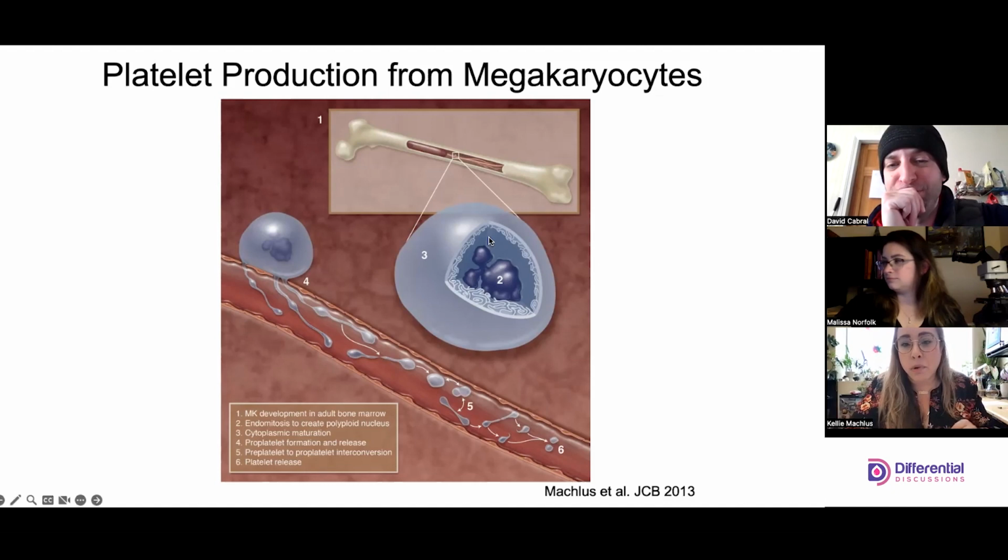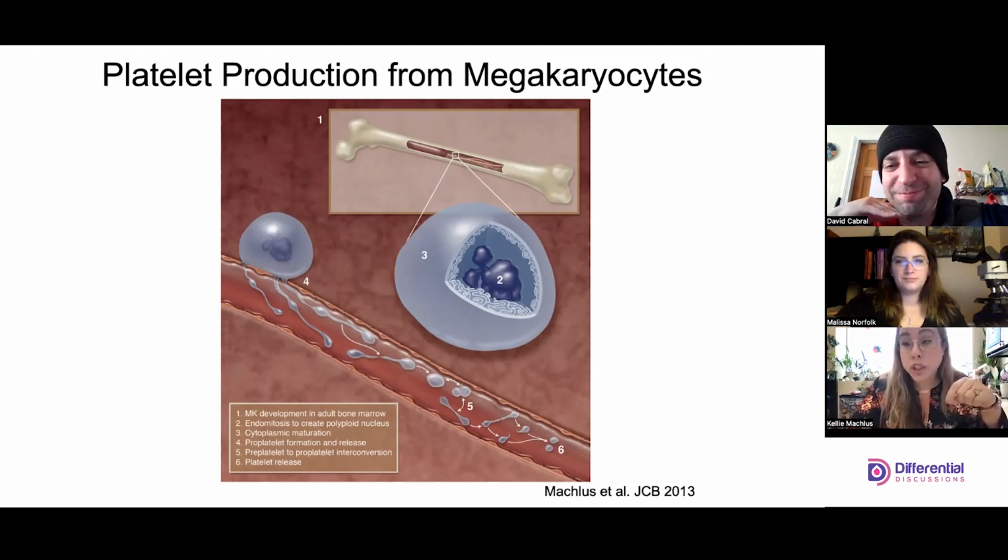They have a couple of very unique properties that no other cells have. One is that they're polyploid. Their nucleus has very many lobes. They undergo nuclear replication without cell division, so they don't have multiple nuclei, but their nucleus has multiple lobes within one nuclear membrane.